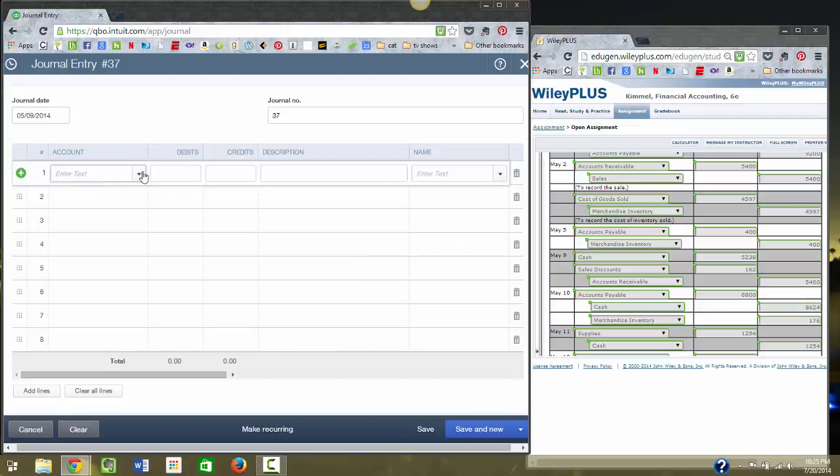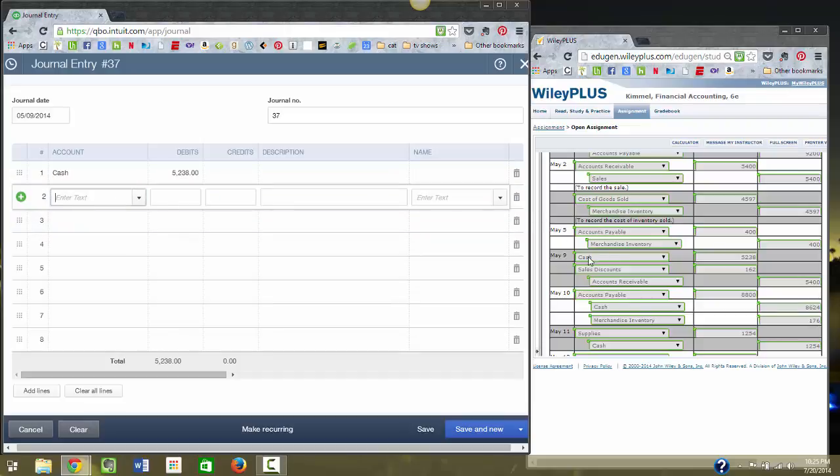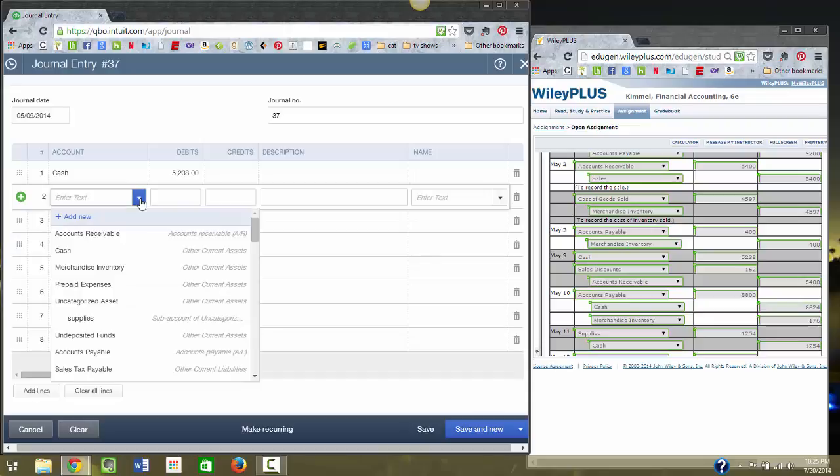But first we're going to do the debits and cash. We need to here calculate the discount ourselves, which is pretty easy to do. And so we get a $5,238 cash debit. And the discount, the sales discounts, I had to type this category in myself.